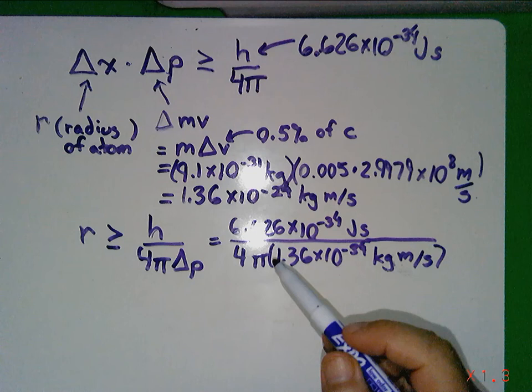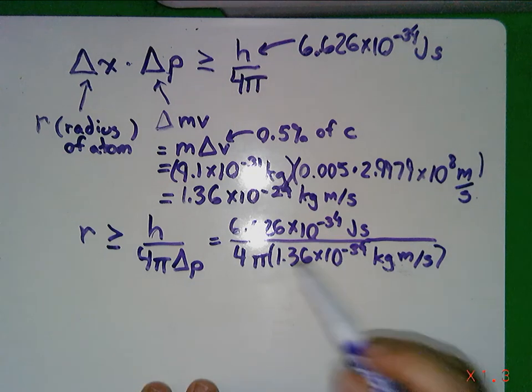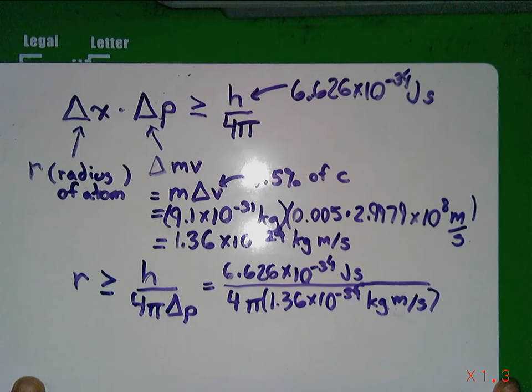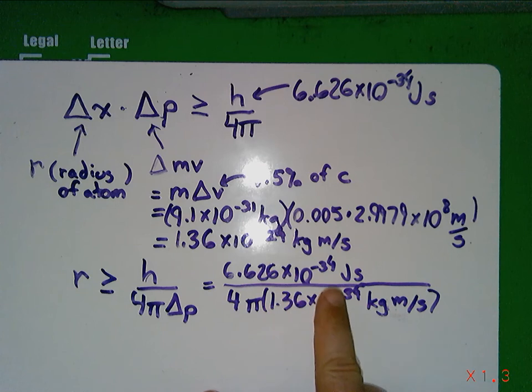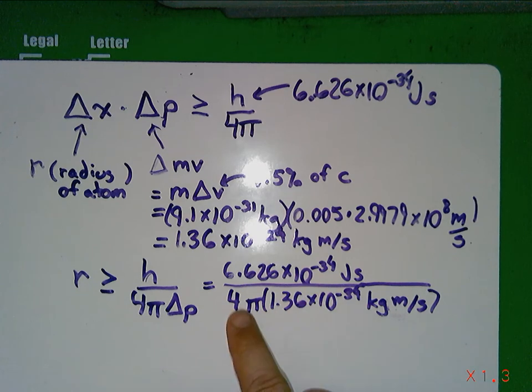Okay, well, let's see if we can do it in our heads. We've got 6.626 times 10 to the minus 34 divided by 4 divided by pi divided by this whole mess. Okay, so what am I going to get here?